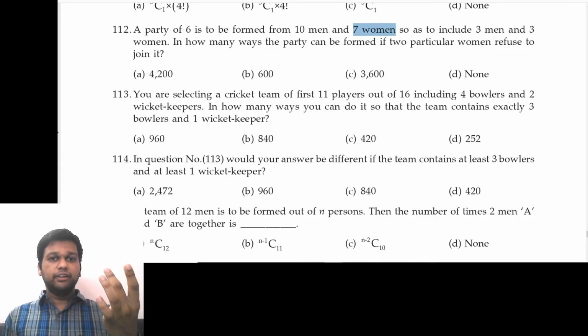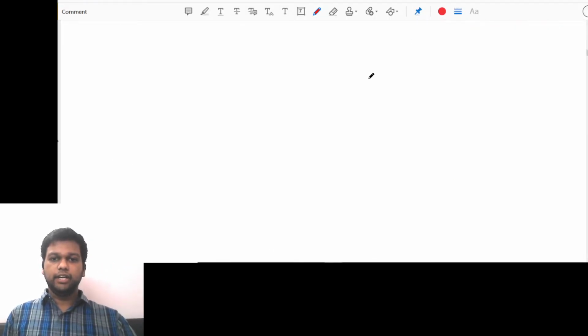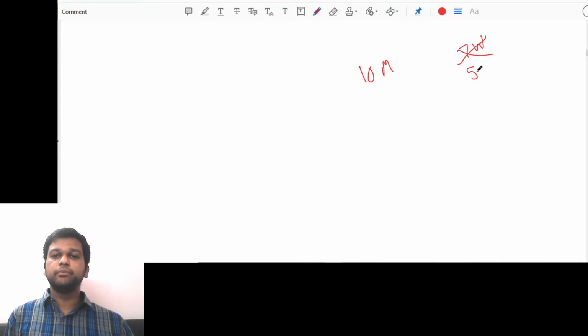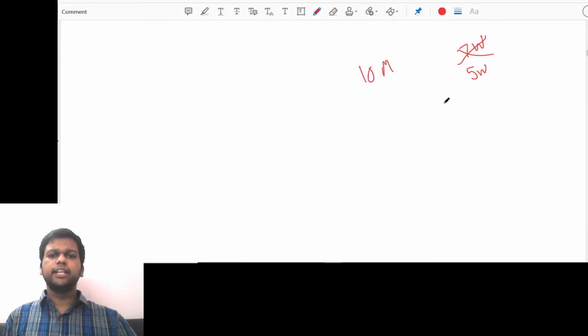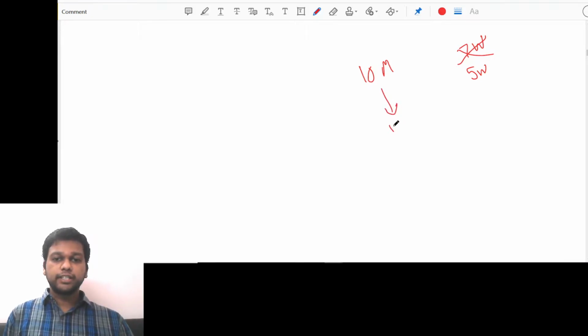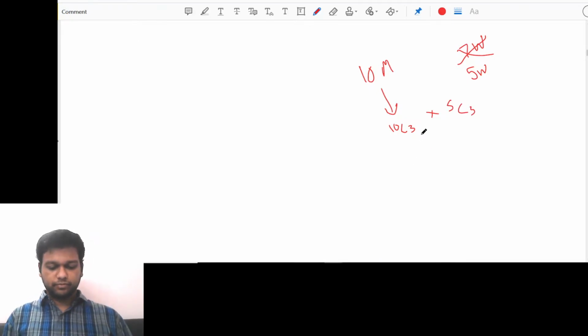Out of 10 men and 7 women, if 2 women are refusing to join, that means we have only 5 women, right? And we have to select 3 men and 3 women. So out of 10 we have to select 3 in 10C3 ways, and out of 5 we have to select 3 in 5C3 ways. How much is 10C3?